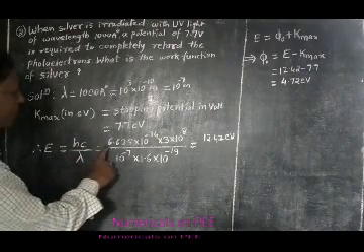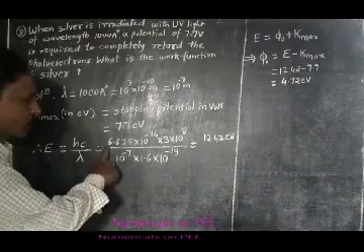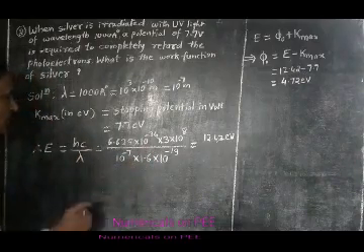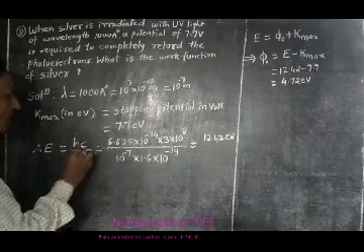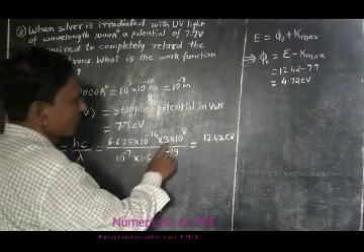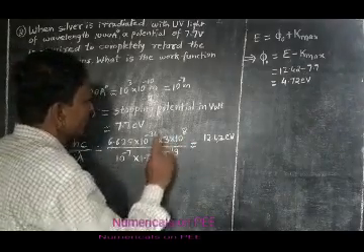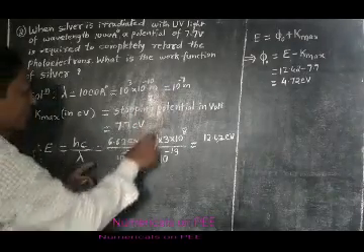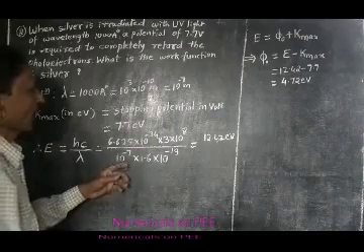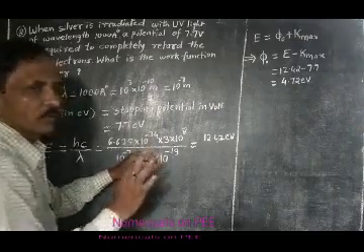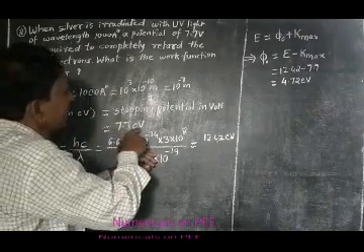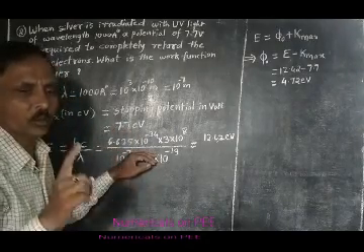Here h equal to 6.625 into 10 to the power minus 34, it is constant, and c is speed of light in vacuum, it is also constant, that is 3 into 10 raised to 8 meter per second, and lambda is 10 raised to minus 7, and we get energy in joules. But here kinetic energy is in electron volt.